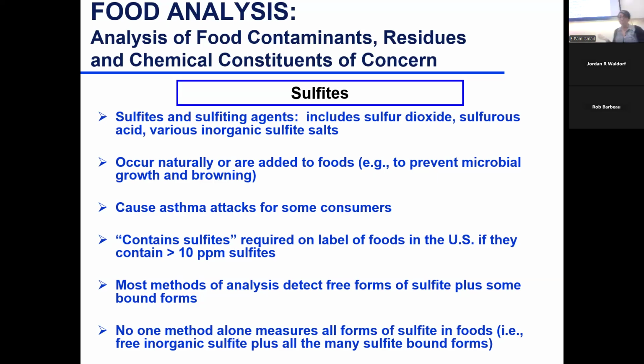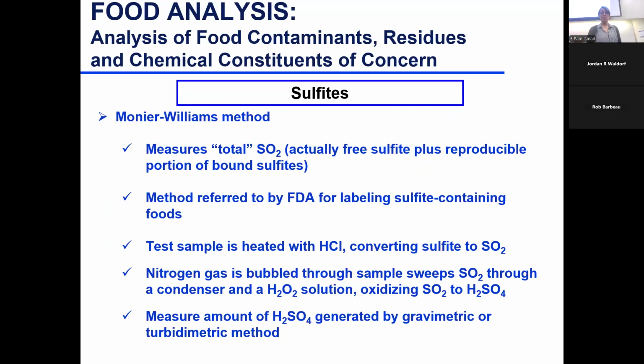Not one method can measure all of them, but the most common method that I want you to remember is Monnier-Williams method. So this is the most common method that can be used to measure sulfites, most forms of sulfites. It is the method that FDA refers to for labeling.